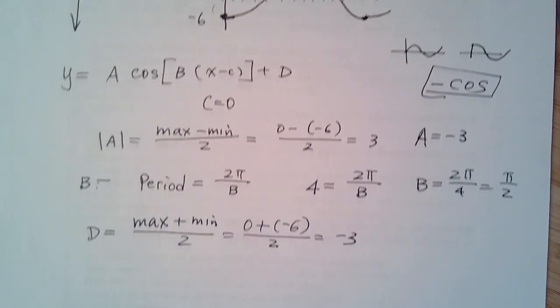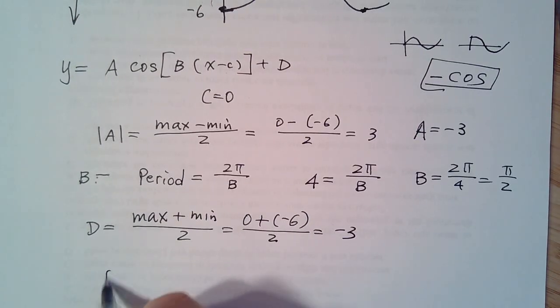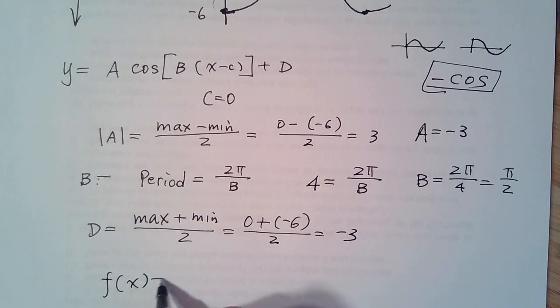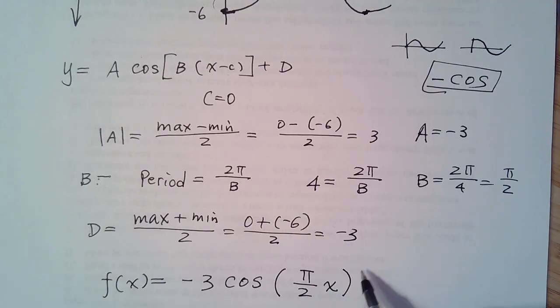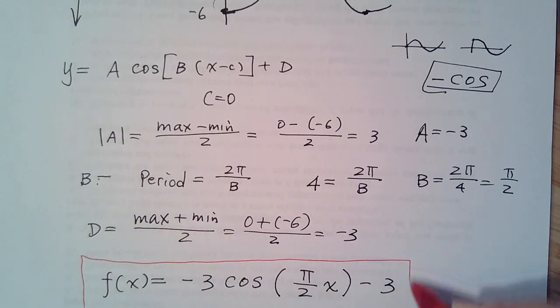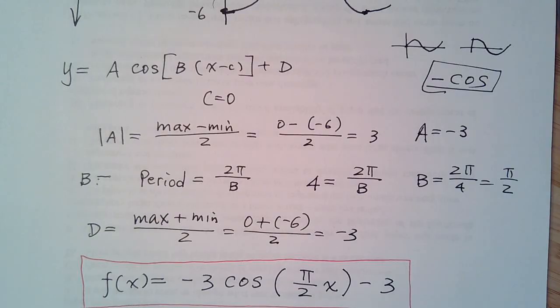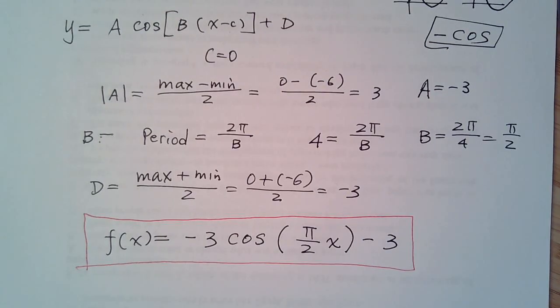So I know A, I know B, I know C, I know D. So the function f of x will be negative 3 cosine, because the C is just 0, I only have a bx, so b is pi over 2 x plus d. D is negative 3. All right, I have my function of that. This is the question number 5. That's it.